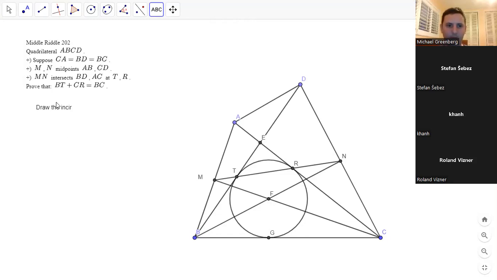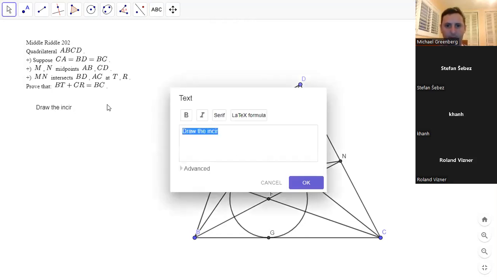So let BN intersect CM at F. Then by symmetry, BN and CM are angle bisectors of EBC. And that means that F is the incenter of triangle EBC.